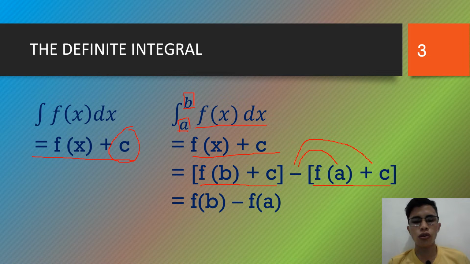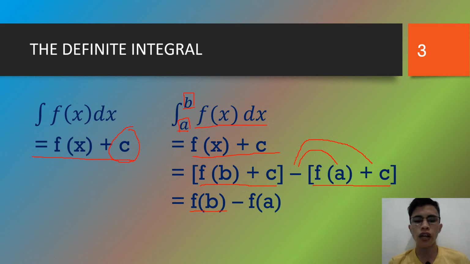Tapos ang natitira na lang is F of b minus F of a. Say for example, if we're going to integrate x squared, that is equal to x raised to 3 all over 3.